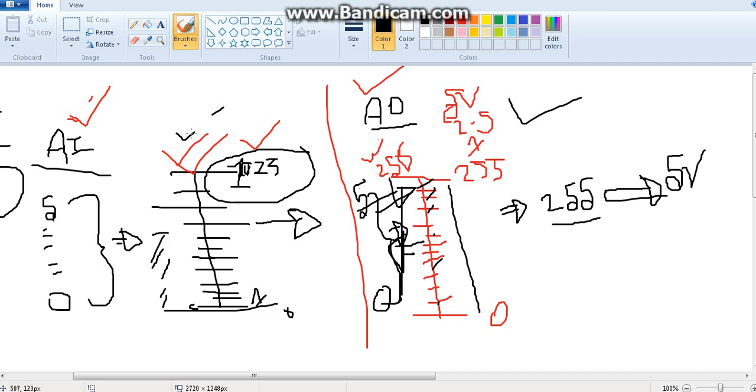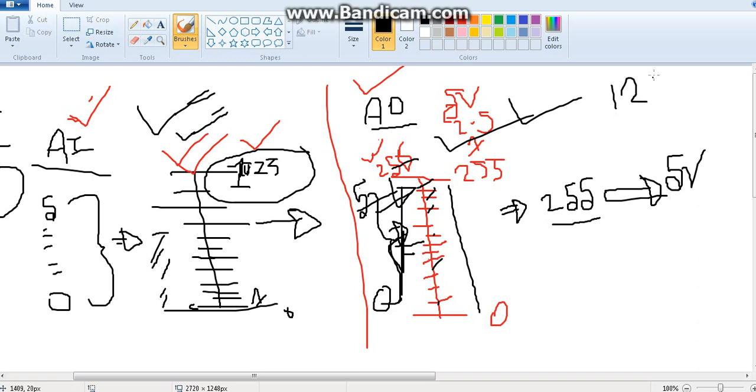Another important thing is the number of units is different: here it is 1024 units, here it is 256 units. These are very important things. Let's say I want to give 2.5 volts. Then I have to give half of the 256 units, that means 128 units.